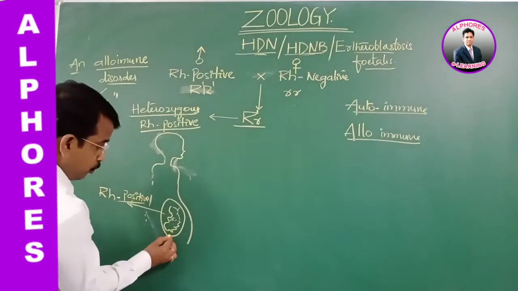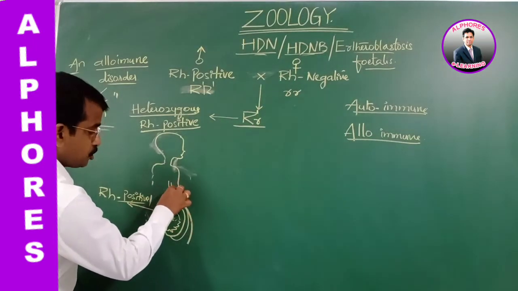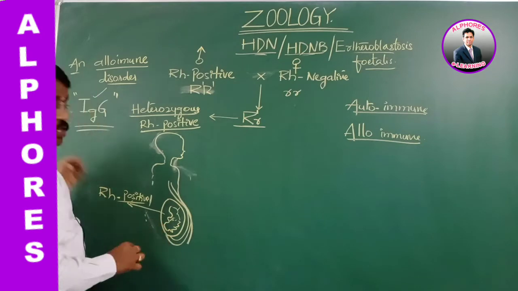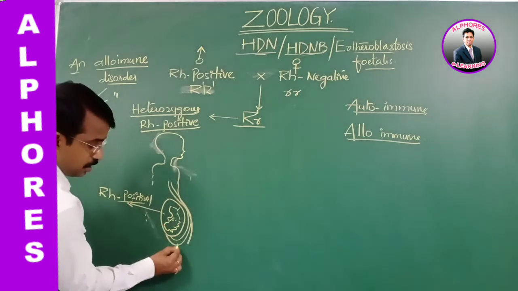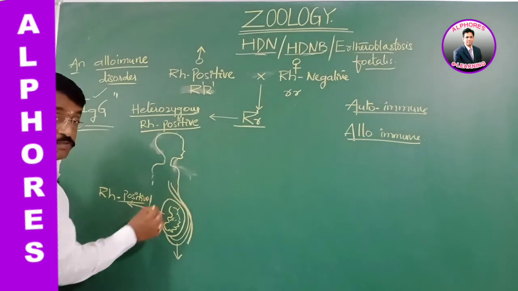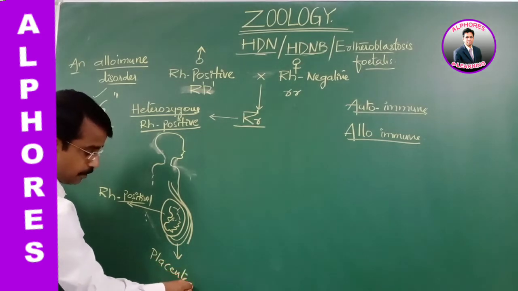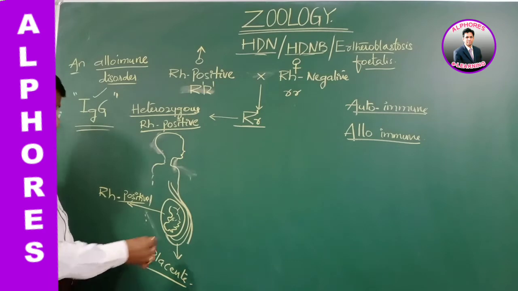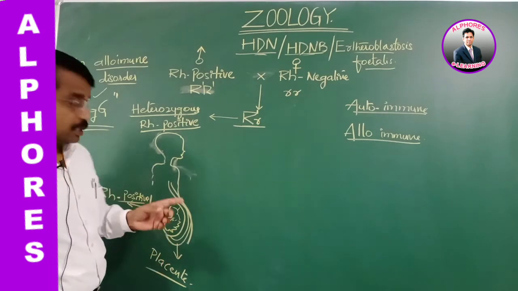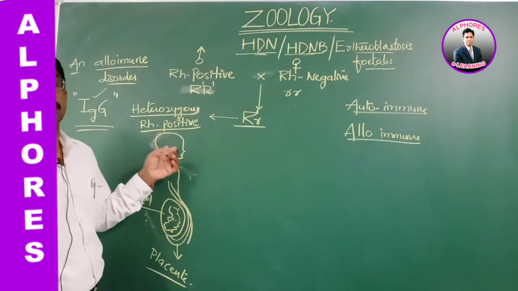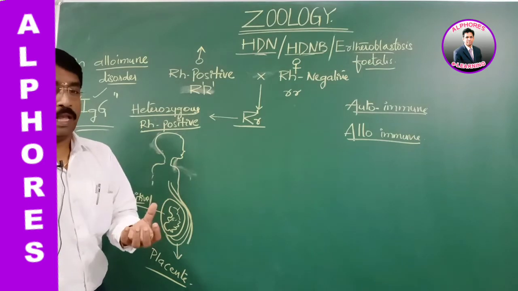How? We know very well that the mother's immune system is sensitized, as the fetus gets connected with the mother by means of the placenta. So the Rh antigens present in the fetus will be exposed to the mother's immune system. How?